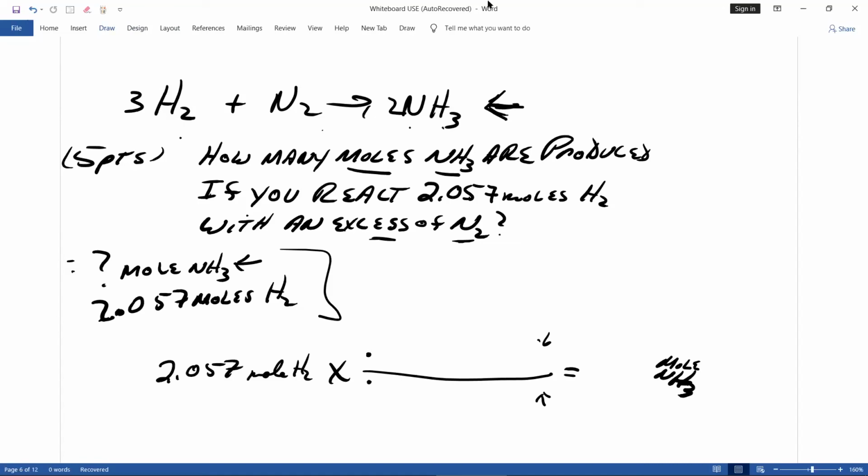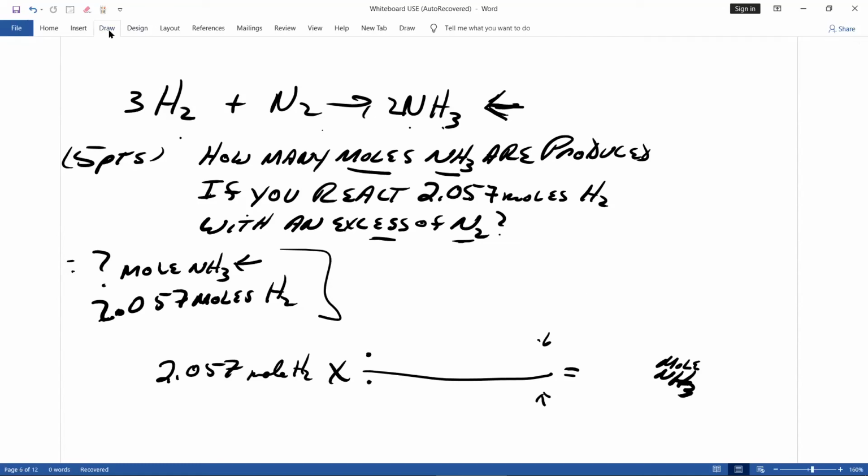Right now, you're trying to figure out what units go on top and bottom of the ratio. And use your good buddy. All right, time's up.